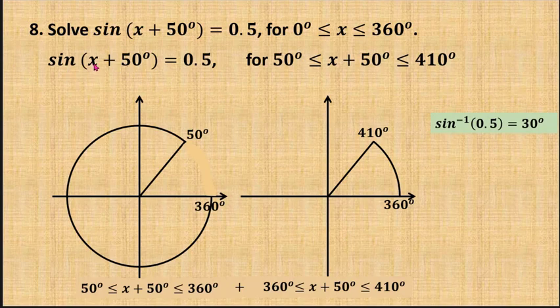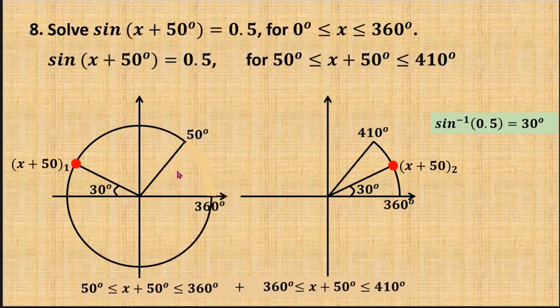Since sine of x plus 50 is a positive value 0.5, the angle should be in the first quadrant and second quadrant. In the first circle, the first quadrant is out of range, so it is not included. In the second circle, the second quadrant is also out of range, so it is also not included.